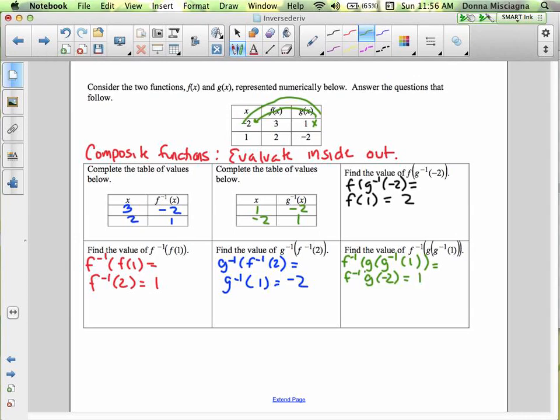All right, so now all we're going to do is find f inverse of 1. Wait, f inverse of 1. There's no f inverse of 1 on our table unless I see f, I see for x.